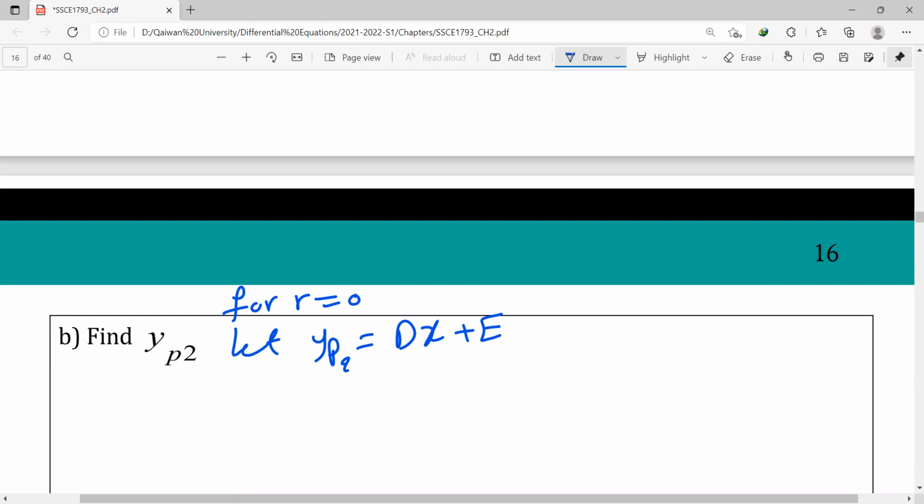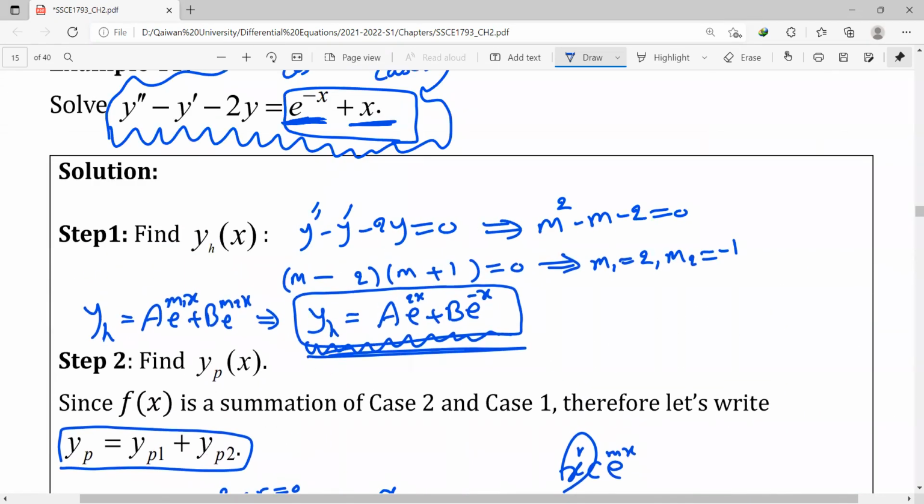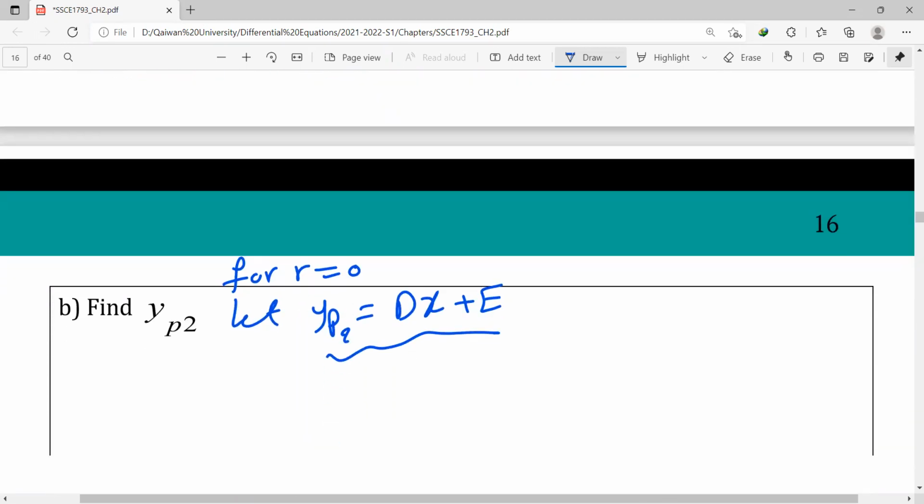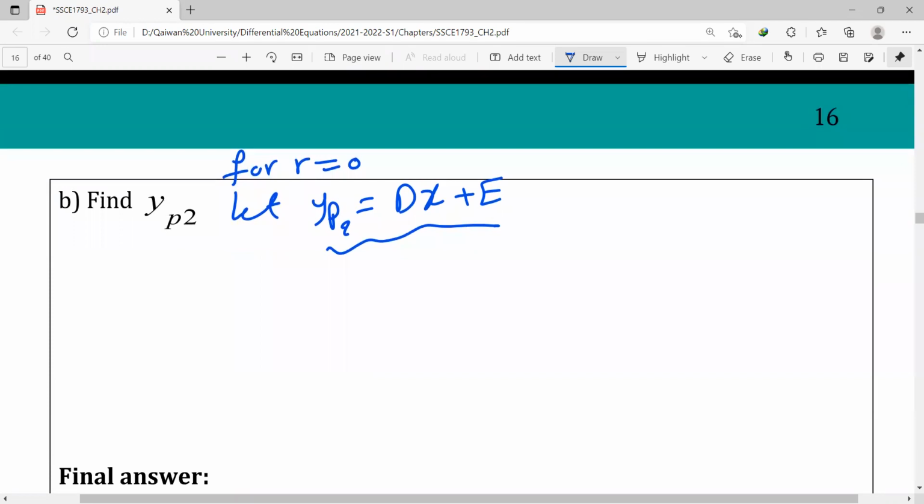Then, is there a similarity between this and the homogeneous solution? No. Because here both terms are exponential functions, but here we have a polynomial function. They are different. Since there is no similarity, we have no similar terms with yh.